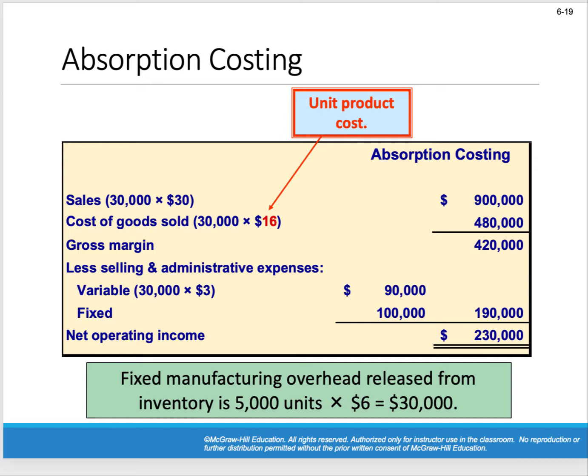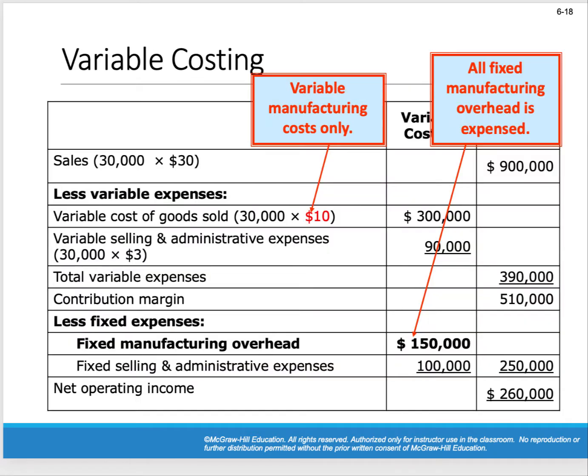Then we subtract out both portions, meaning variable and fixed, of the selling and administrative expenses. Those are period costs, right? Notice our net operating income under the absorption method is $230,000. Under the variable costing method, it was $260,000.